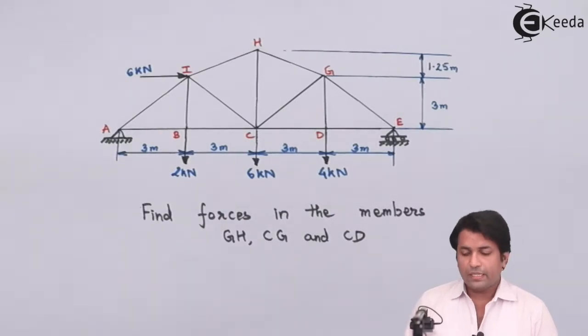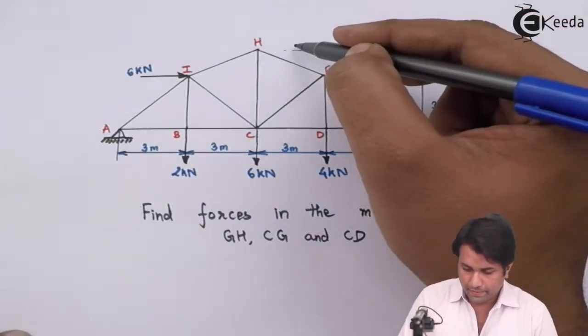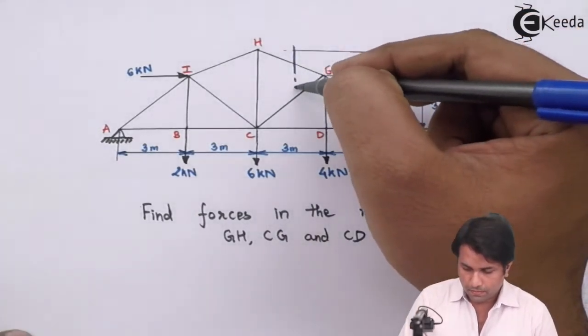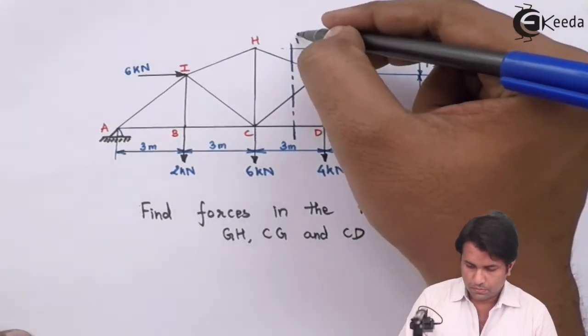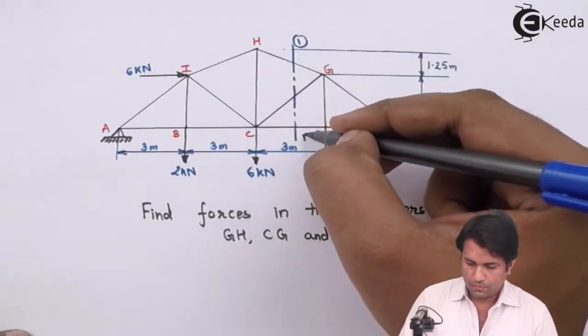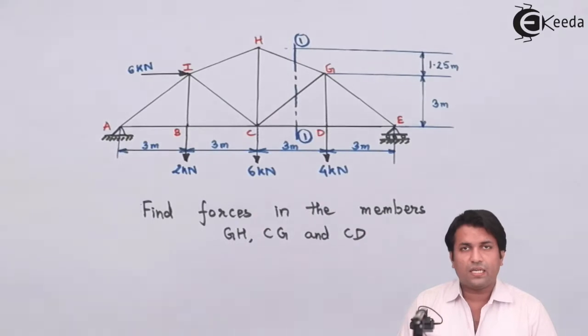So what I'll be doing is, I'll take one section plane and I'll draw here one line. Now you can see that I have drawn one cutting plane.